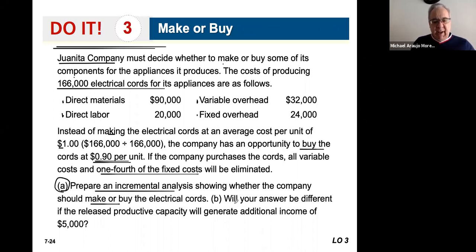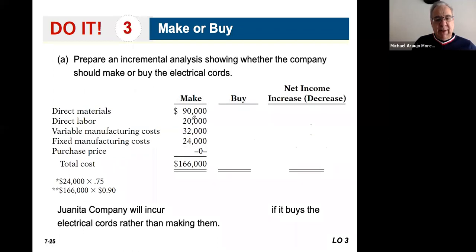The second thing they want us to do is say, would your answer be different if that extra productive capacity gave them an additional $5,000 of income? So that would be an opportunity cost to look at. First things first, they are making the cords right now, and it's costing them a total of $166,000.